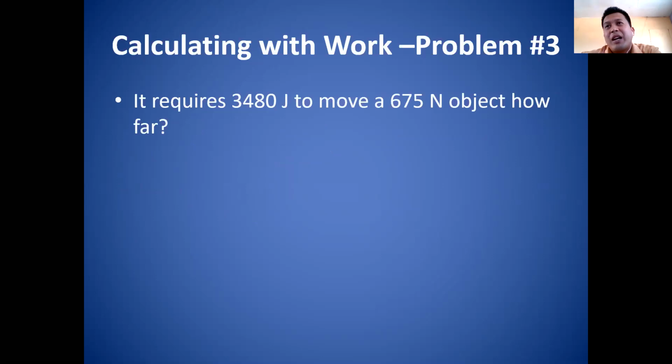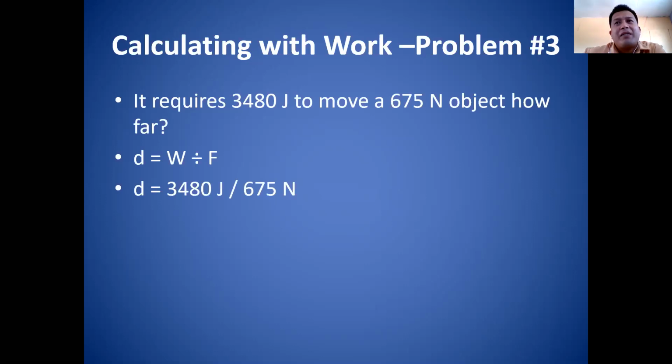Since we are going to ask for the distance traveled, or how far, the unknown here is distance. If the unknown is the distance, you look at the triangle of formulas, we have work on top of force. So the formula there goes with work divided by force. So you divide 3,480 joules by 675, you'll get the answer 5.16 meters.